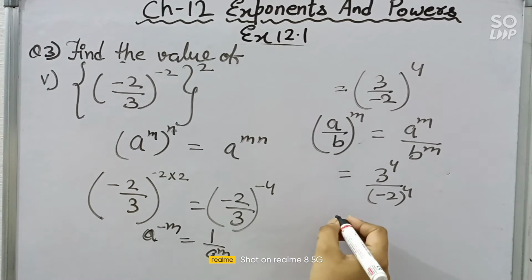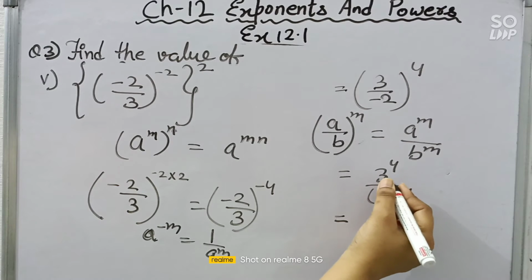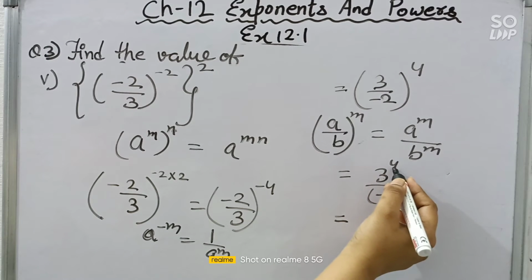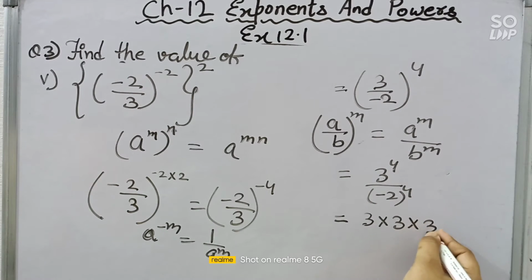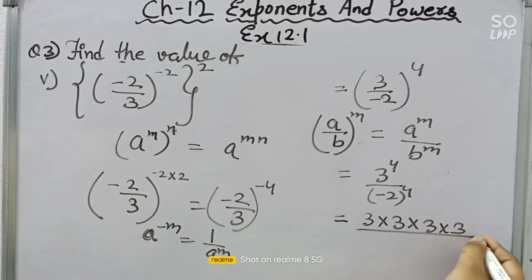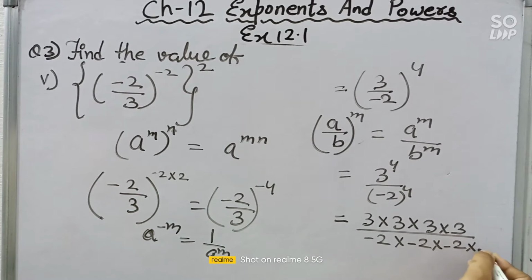Now how can we find its value? We have to simply find out 3 raised to the power 4. Now 3 is the base and the exponent is 4, so we have to multiply 3 four times. And then in the denominator we have to multiply minus 2 four times. After multiplying we get 81 upon 16.